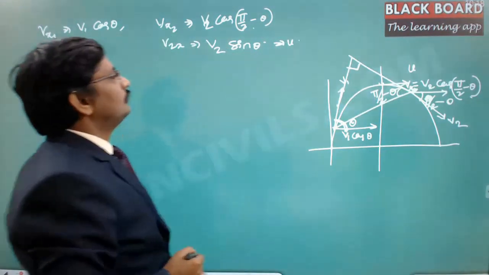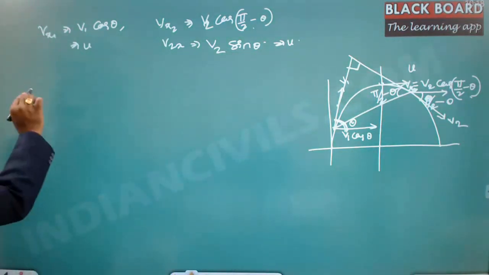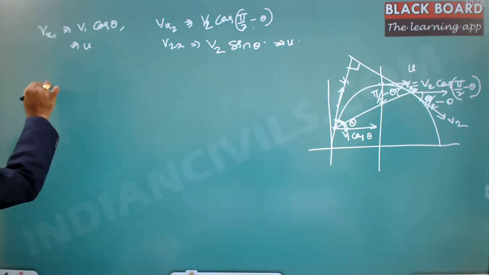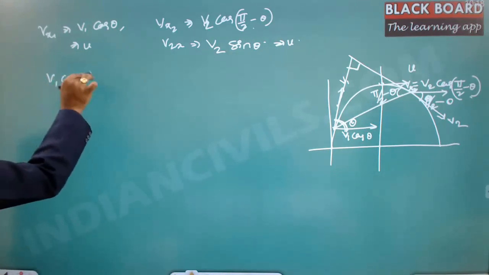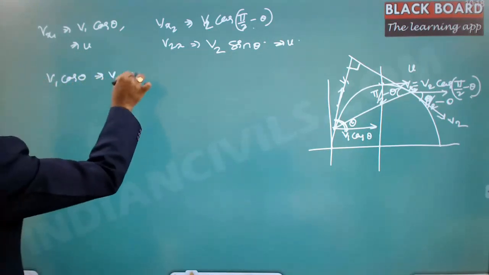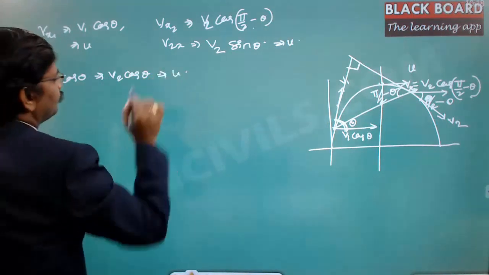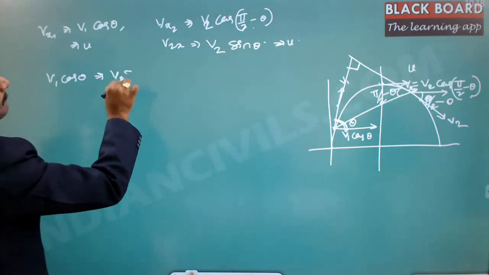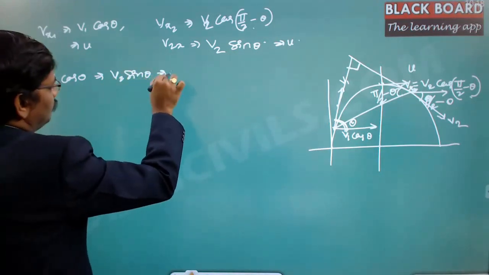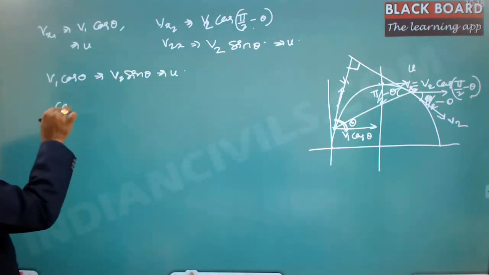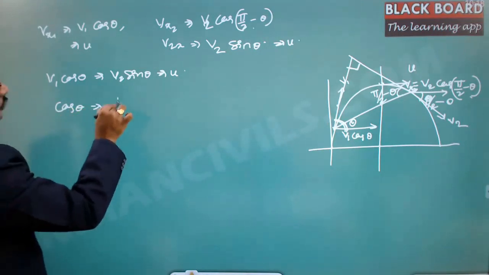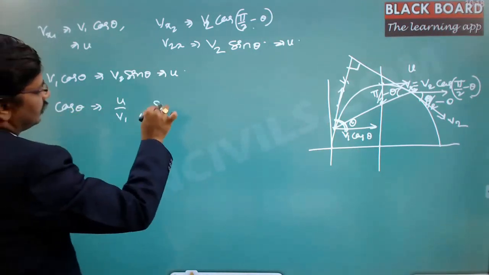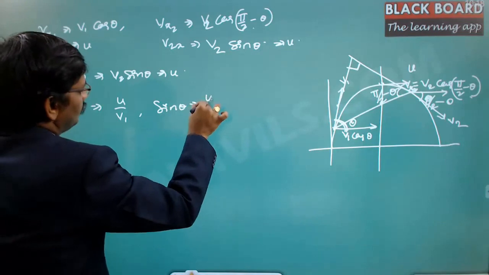So here v1 cos theta is equal to u, and v2 sin theta is equal to u, or cos theta is equal to u by v1 and sine theta is equal to u by v2.